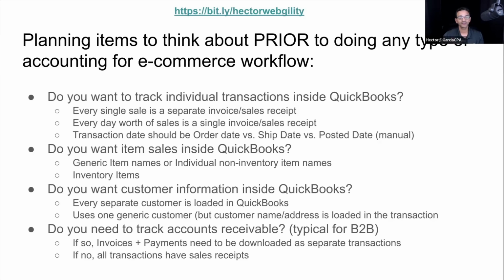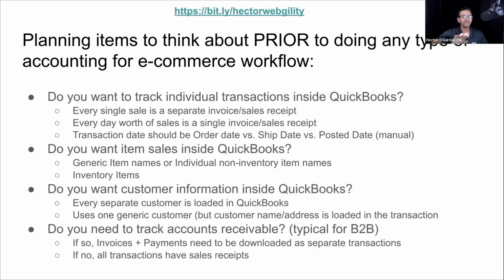And if that's the case, you're probably going to be tracking accounts receivable in QuickBooks, and you're probably going to be sending them a statement at the end of the month, and you're probably going to get one lump sum payment to pay off all those individual sales, individual shipments that were done through the e-commerce platform. So if you need to do that, you need to change the way the data comes in, and you cannot use sales receipts.